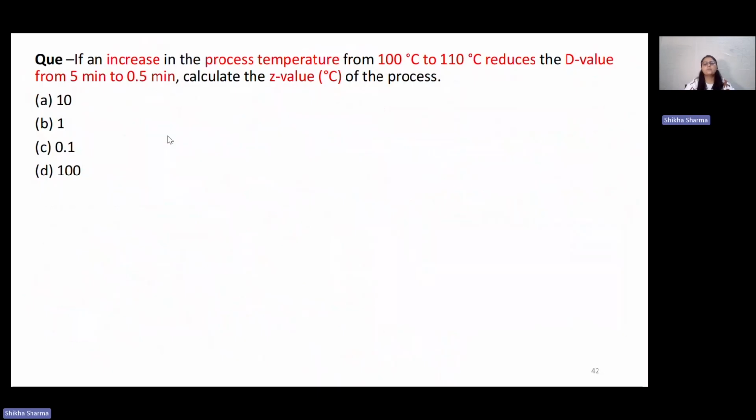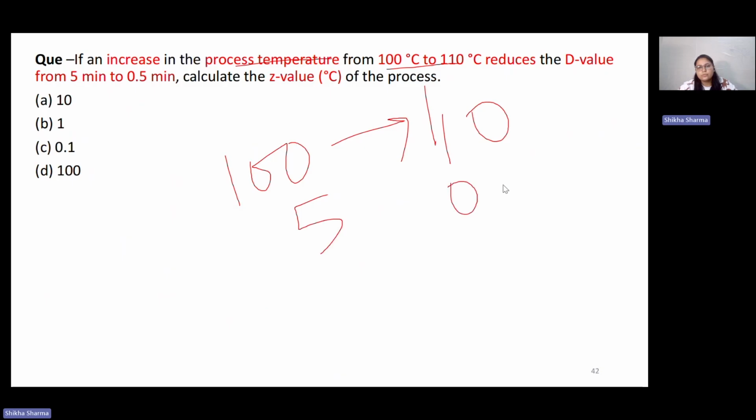Okay, let's solve the next question about Z value. If we increase the process temperature from 100 to 110, it reduces the D value from 5 minutes to 0.5 minute.